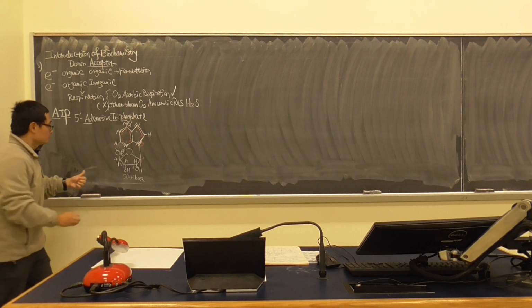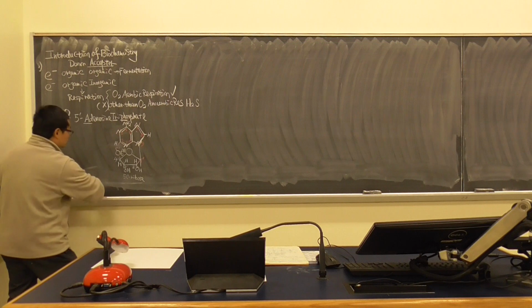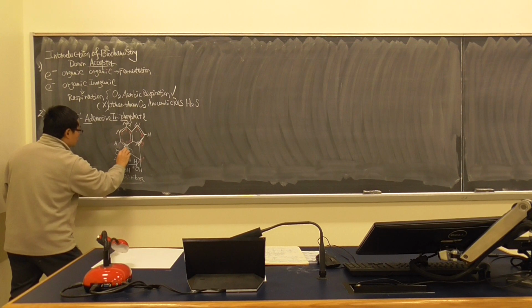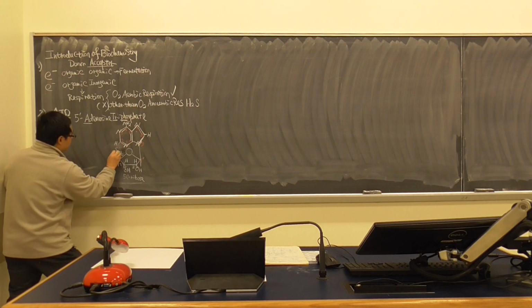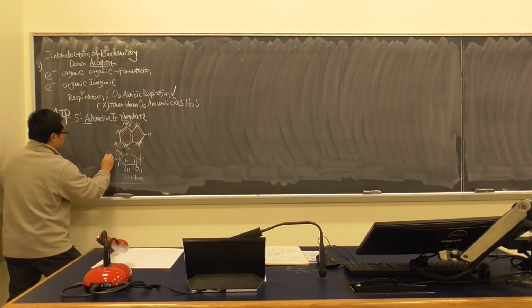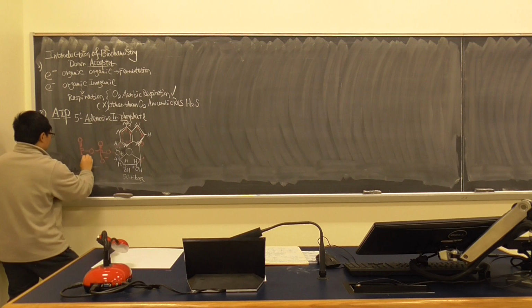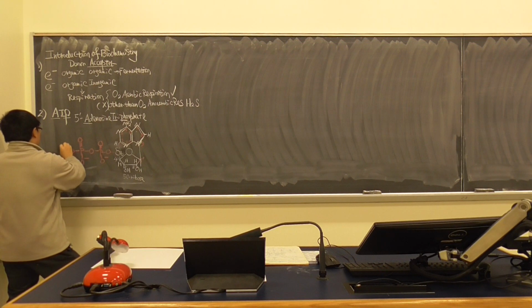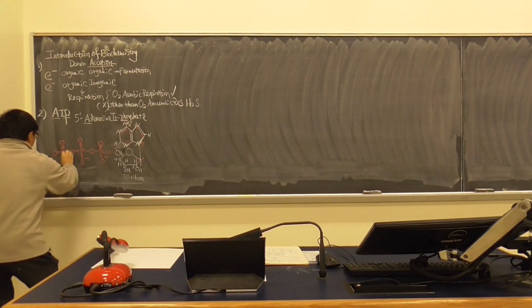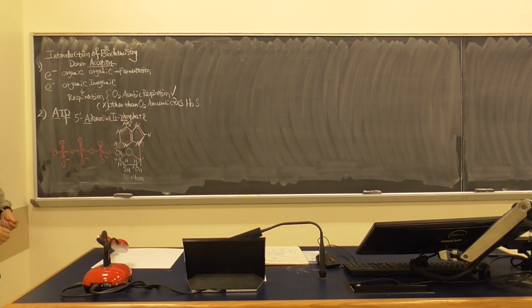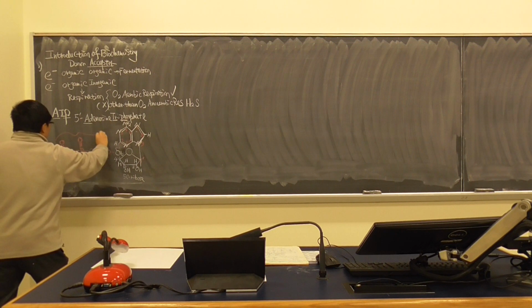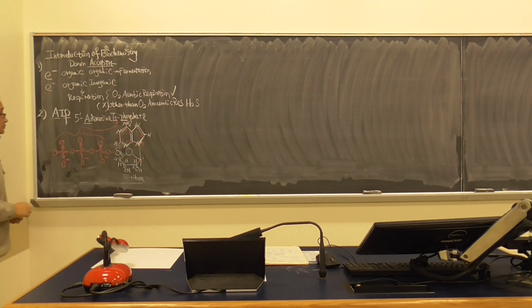And then right here at the 5 prime CH2OH, the phosphate will be attached. So it goes here, then here. That's 3 phosphates. That is what triphosphate means. So that's why we call it ATP.